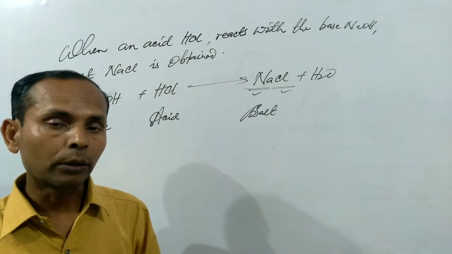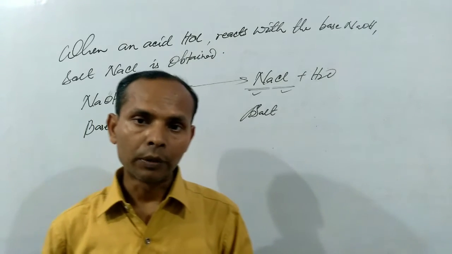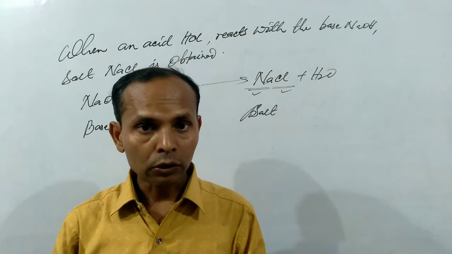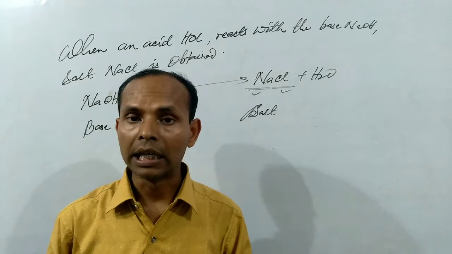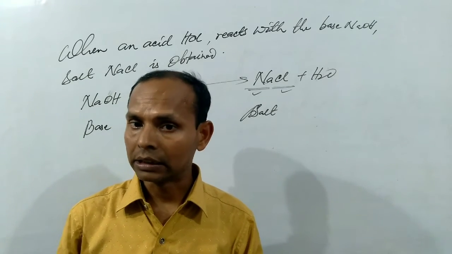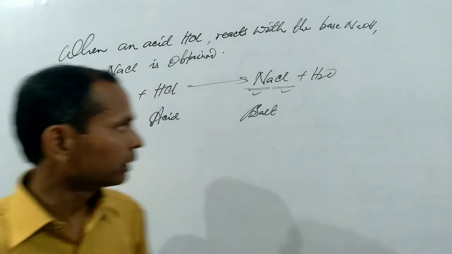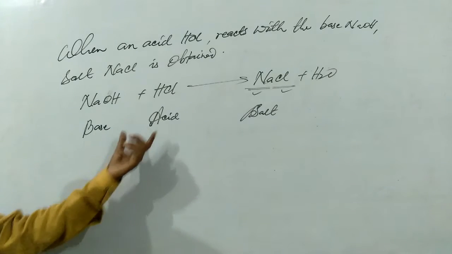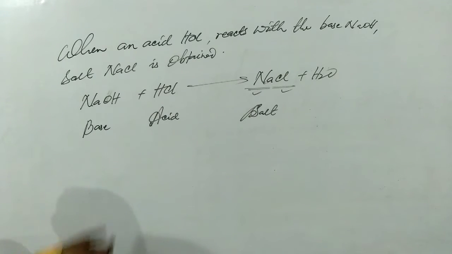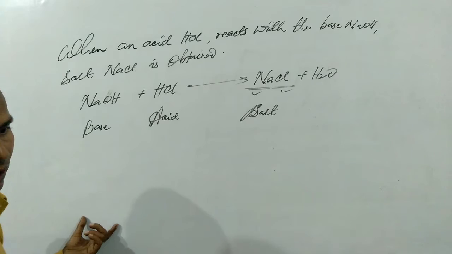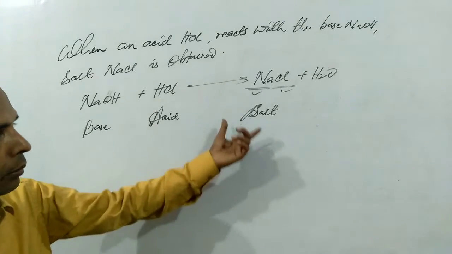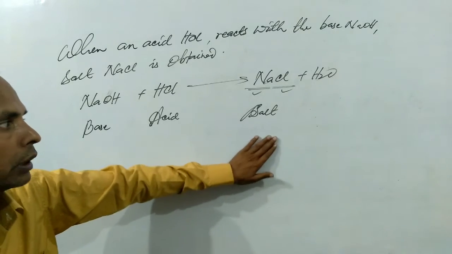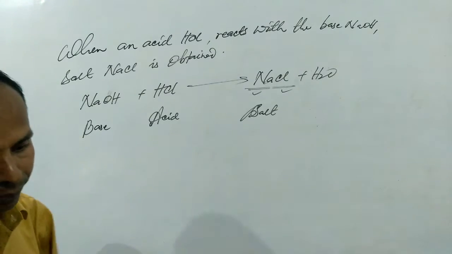On the basis of these properties and functions, all these compounds have been classified into three parts: acid, base, and salt. In the case of acids, a large number of compounds have been included. Similarly, in the case of bases, a large number of compounds have been grouped in this class. In the case of salts, a large number of compounds have also been included in the group of salt.